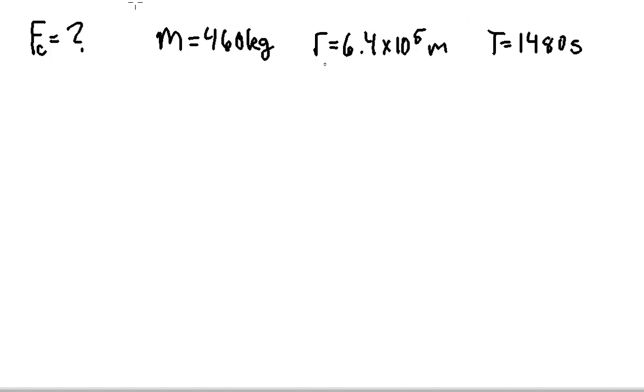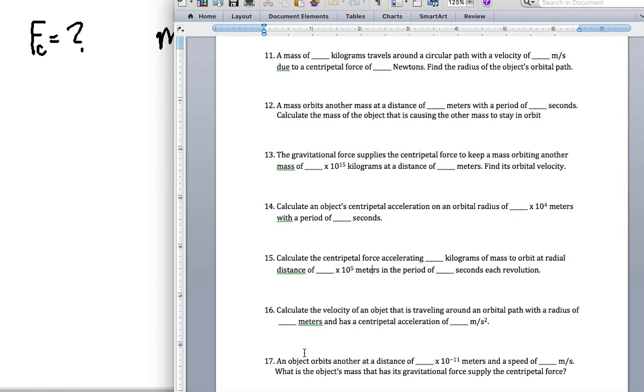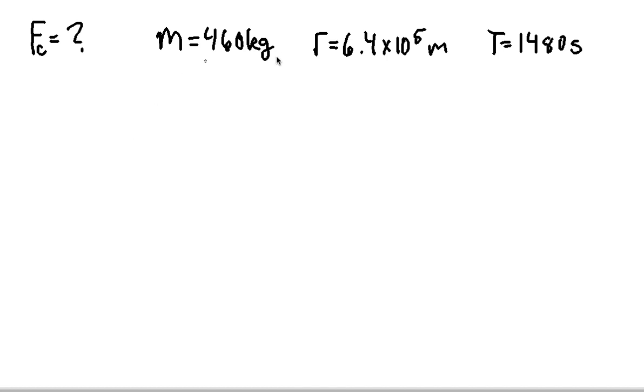Okay, so it's not too straightforward how to solve this problem. It's almost like we should just write down every formula that we have with all of these values, with the masses and the radii and the periods. But let's start with what the centripetal force is equal to.